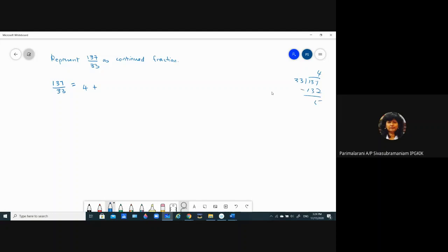What is the remainder? It is 5, right? So this is 4 plus 5 over 33.